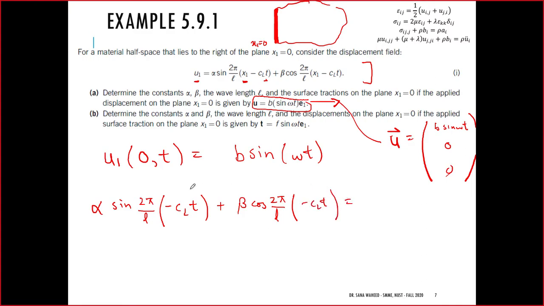Or at this boundary we know that it should be equal to b sine omega t. As I said, this is the applied boundary condition, right? So this is determined by the probe, which gives the amplitude and the angular velocity.